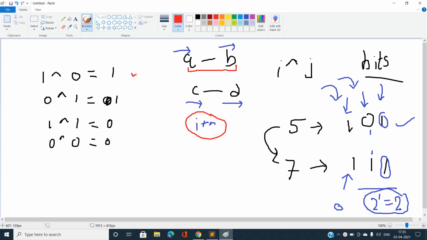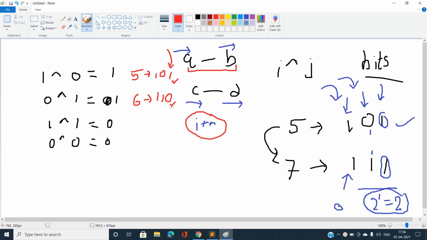If 5 is 101 and 6 is 110, 6 would be 4 and 2. So you can easily see, if i is 0, the number of numbers whose ith bit position has the character 1 is only 5, because 6 has the ith bit as 0.